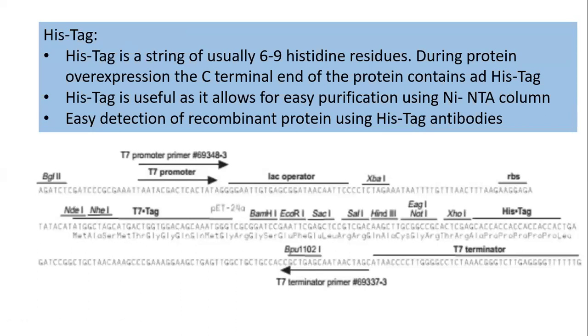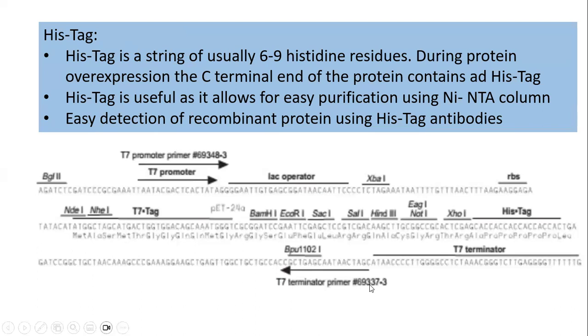Now also for this we need to ensure that when we do the cloning, the gene will naturally contain a stop codon. So we have to design the primers before the stop codon so that the protein synthesis will not stop at the stop codon that is naturally present in the gene.